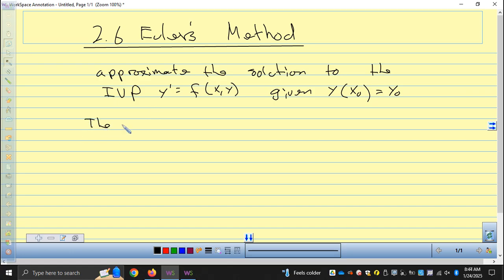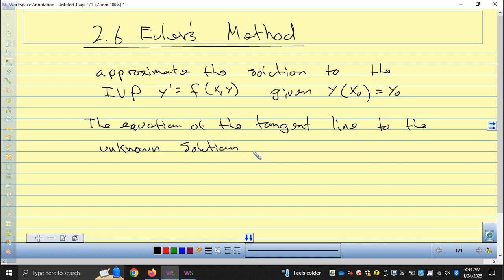So the equation of the tangent line to the unknown, we don't know the solution, y of x, is y equals y0 plus the slope at that point times x minus x0.